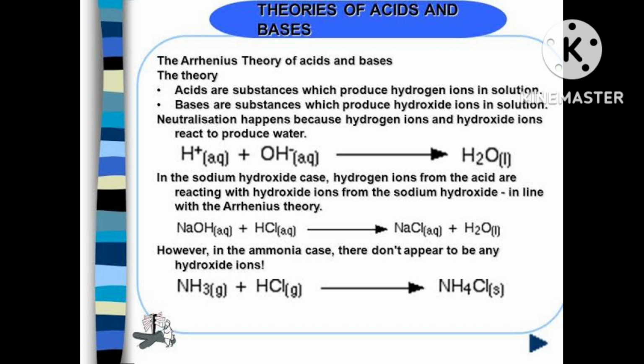Listen carefully, conjugate acid has one extra proton like NH4 plus, NH3 accepted H plus, so it has an extra proton, and each conjugate base like OH minus has one less proton. Okay, one less proton. This is an important thing. Now consider another example.